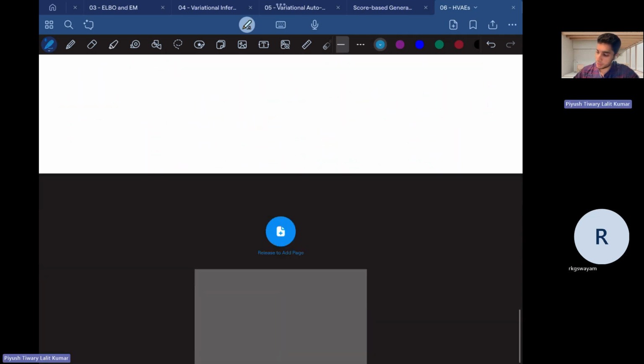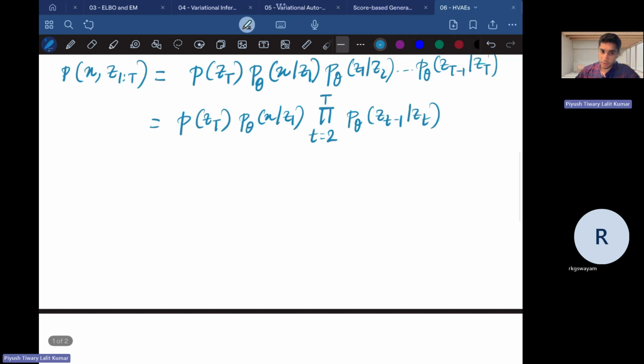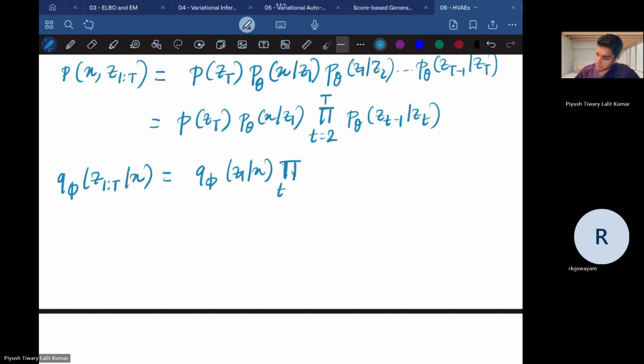Similarly, what is the distribution of the inference view? The inference view is something like Q phi of Z1 to T given X. In the VAE, this was Q phi of Z given X, but we have multiple latents, so Z1 to T given X. This will be something like Q phi of Z1 given X, product of t equal to 2 to capital T of Q phi of ZT given ZT minus 1.